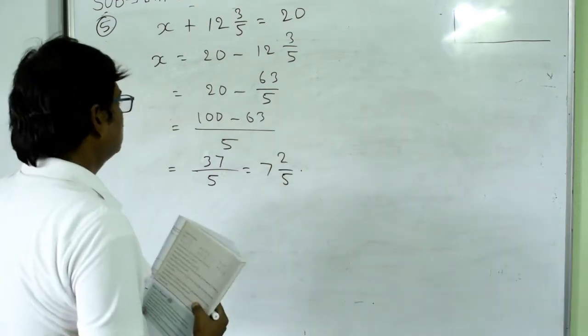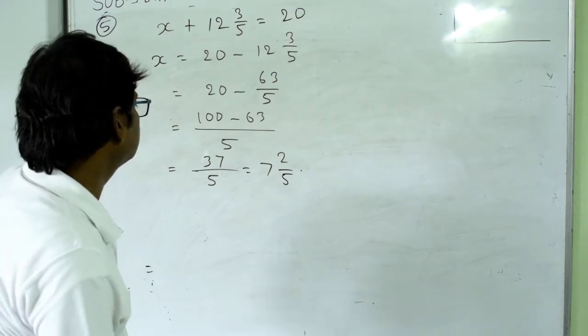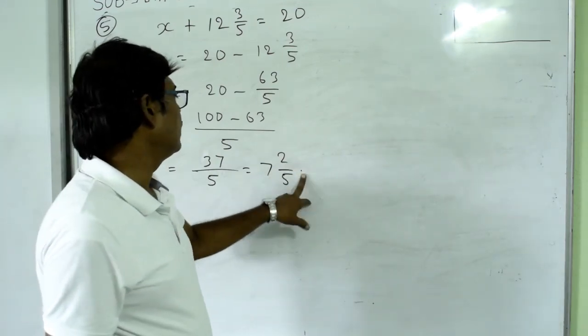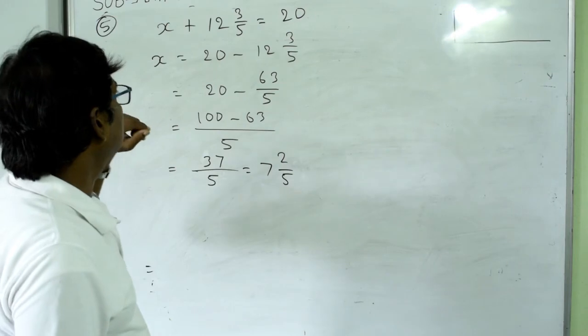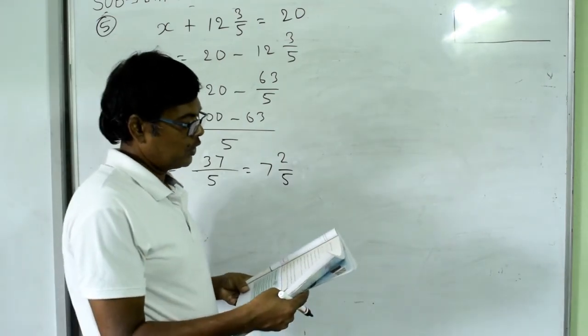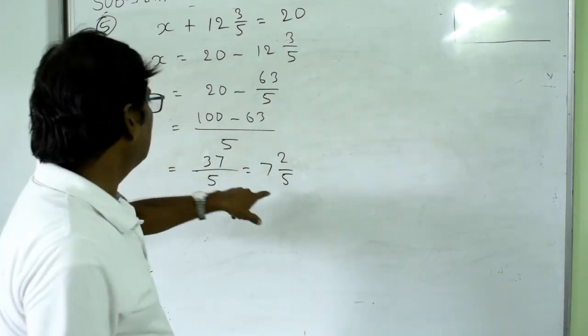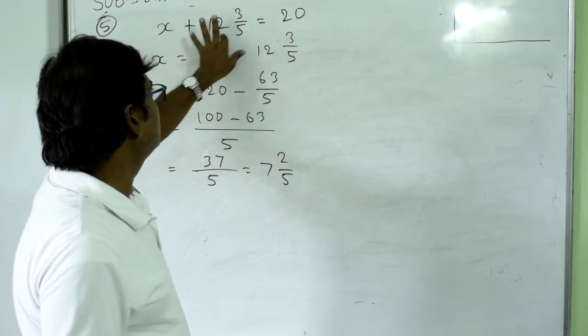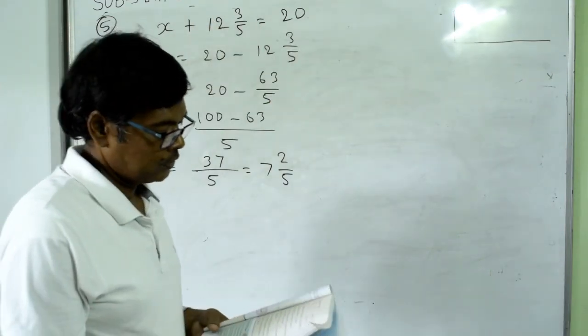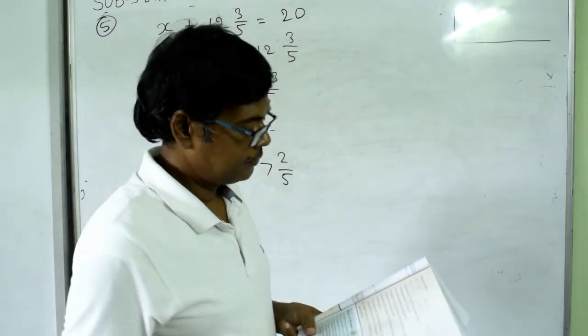So this is the answer of this question, that is 7 and 2 by 5. So when you subtract, here the question is what should be added, that is when you add this number to this number you will get 20. Okay, so this is the answer of this question.